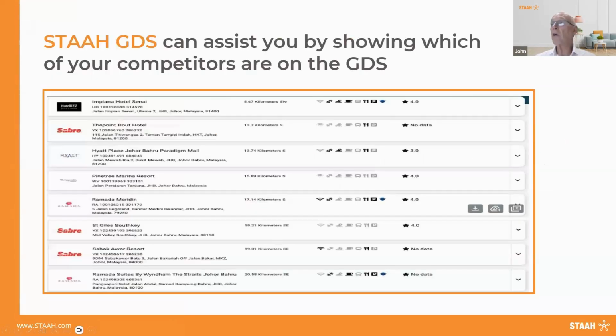I'm sorry if this slide's a bit difficult to read, but this is purely a sample of hotels. A hotel asked us in Malaysia, in Kuala Lumpur, and this is what we were able to show them. There were multiple pages of this.